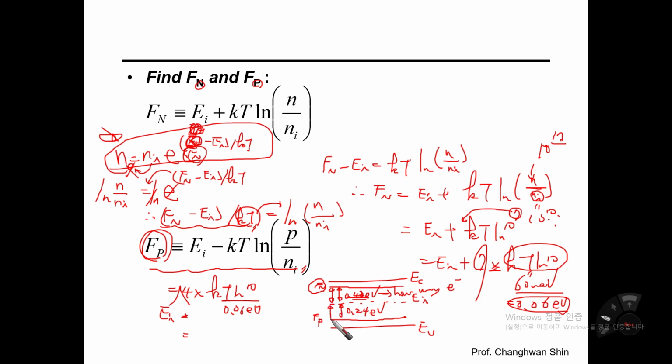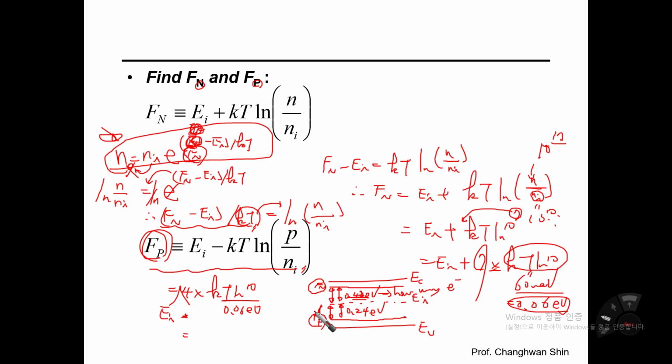And this energy difference, Ei minus Fp, quasi-Fermi energy level for holes, gives us an idea how many holes are included in this n-type silicon material at non-thermal equilibrium state. Okay, so Fn and Fp still are very good, useful indicators to know how many electrons, how many holes are existing in the n-type silicon material.